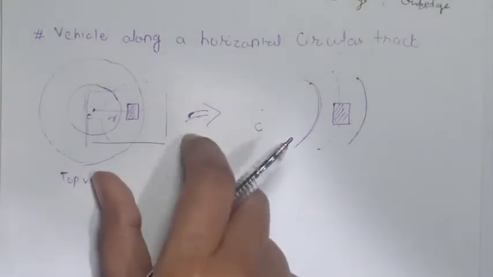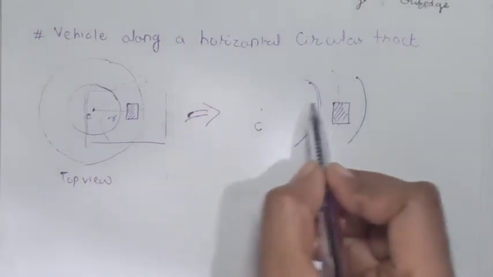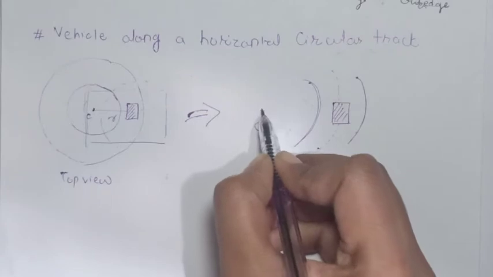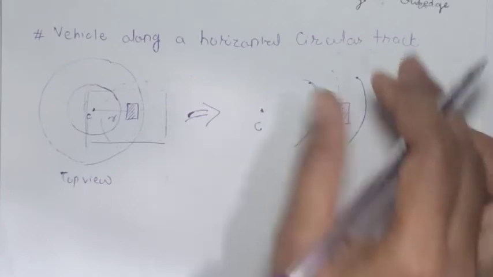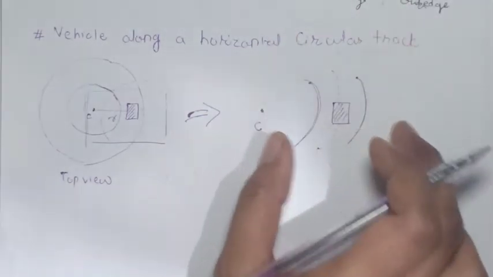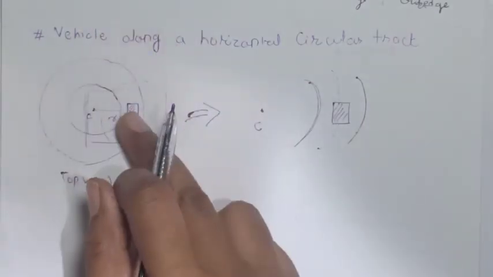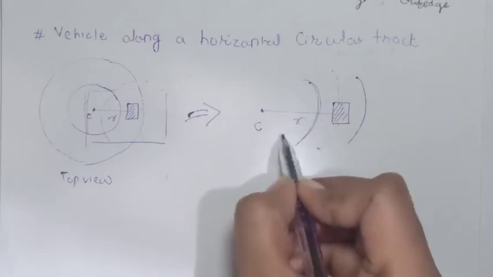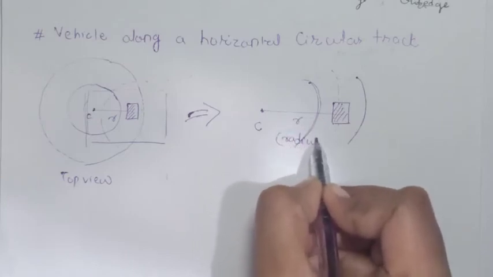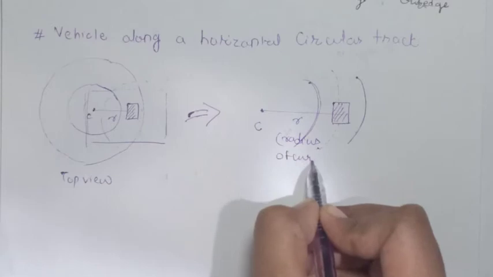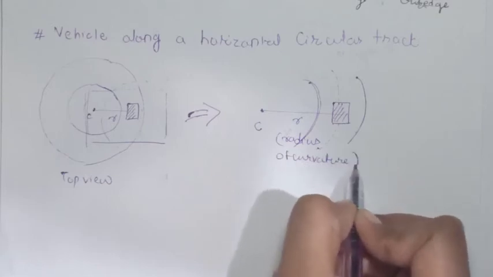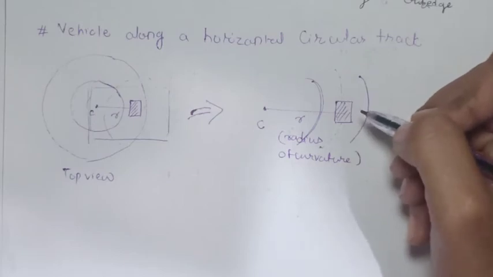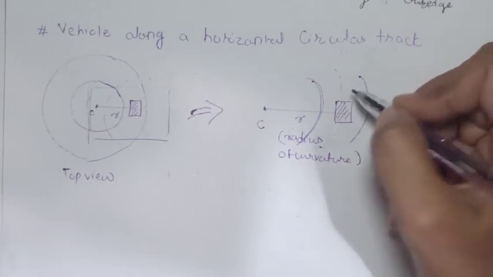As this is a part of a circular track, this will be your center of curvature, and this will be the radius of curvature.